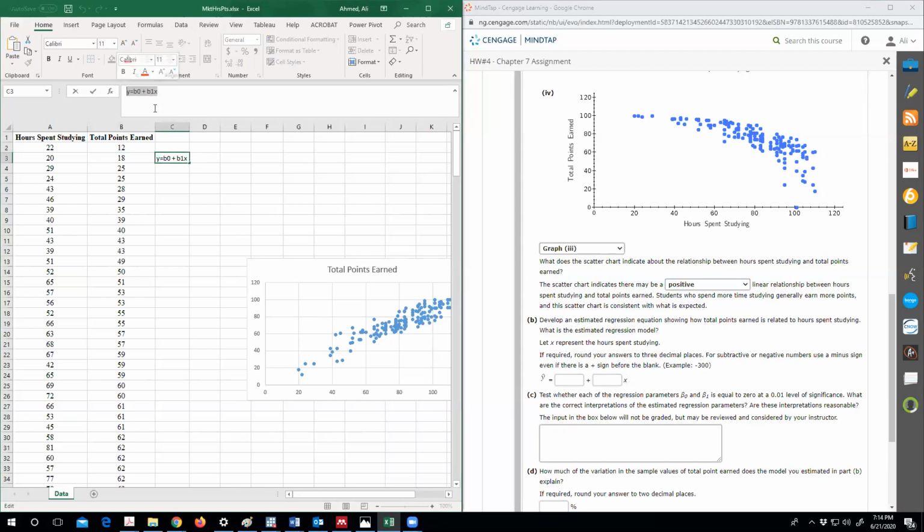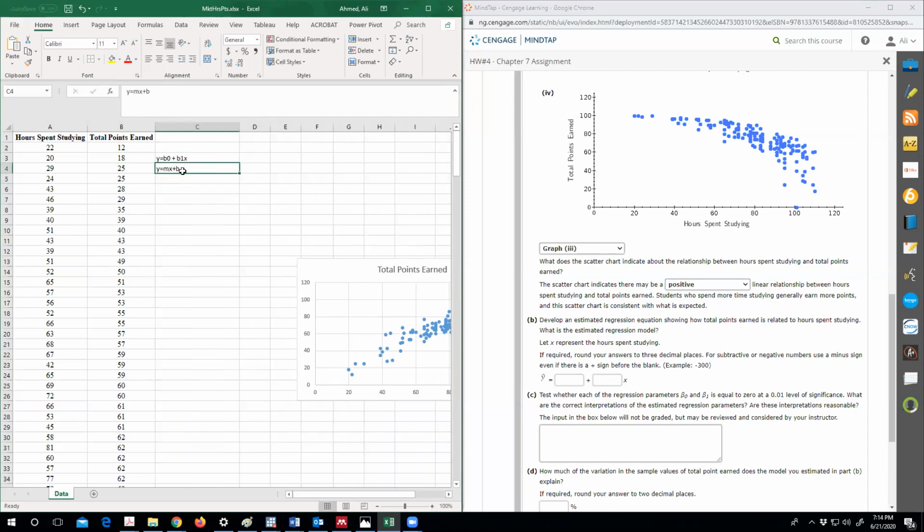So have you guys studied this in high school or in other courses? A straight line, a similar equation, but not the same thing. Similar, like it's usually y equals mx plus b. Yes, so it's exactly the same thing. I've just put it in the opposite order.